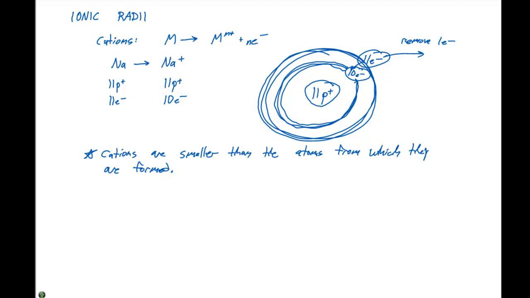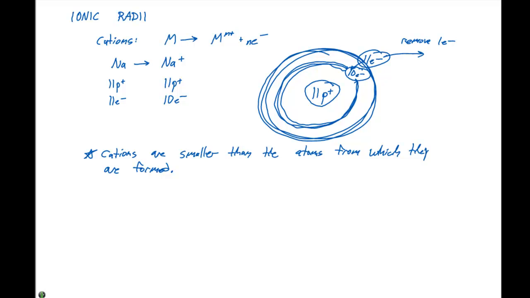So if we're losing electrons, the protons that remain in the nucleus can pull on those electrons a little bit stronger, and the ionic radii is going to be smaller for a cation as opposed to an atom.